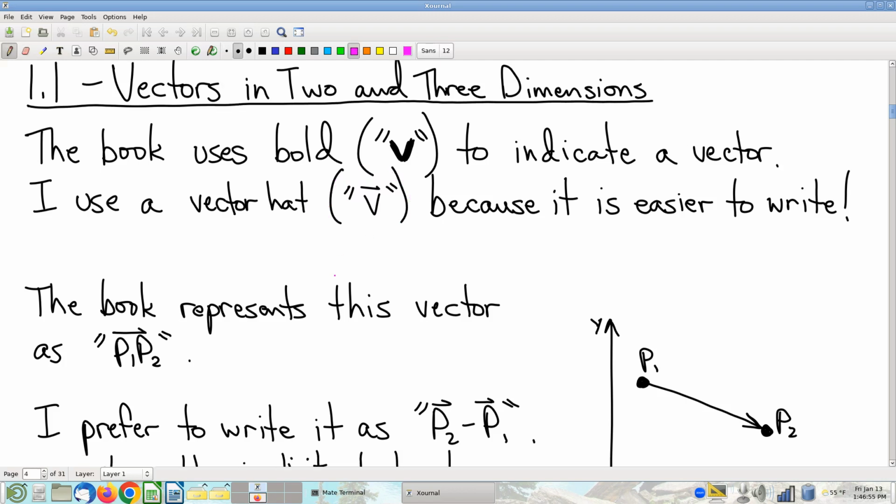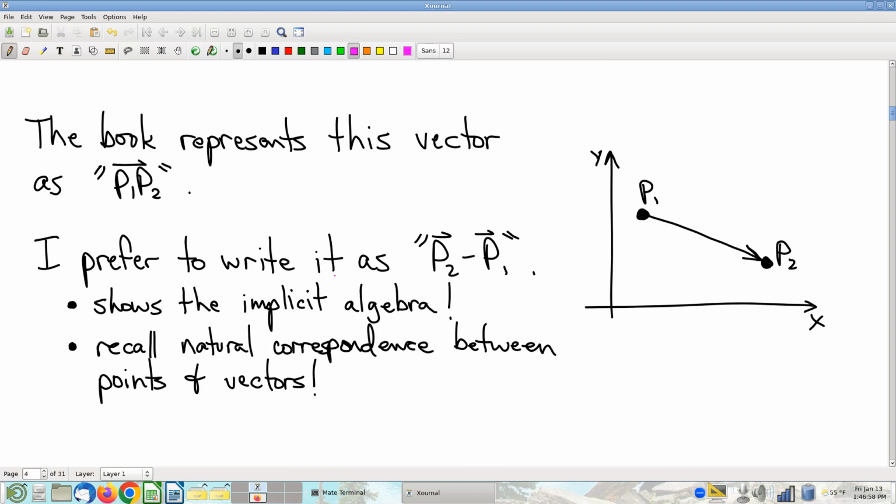Okay. Next thing I'm going to say, and again, this is just a personal preference, but this vector right here goes from one given point to another point. The book represents this as P1, P2 with an arrow over both characters. You can do that, but I have a couple of problems with it. As written, it makes it look like they're talking specifically about this arrow that literally starts at P1 and literally ends at P2.